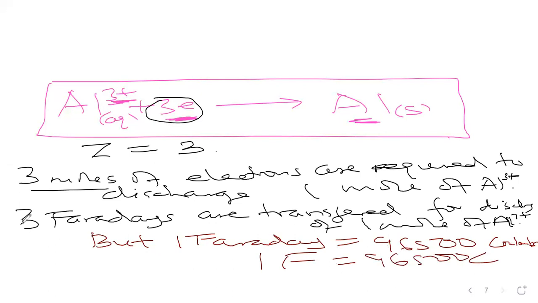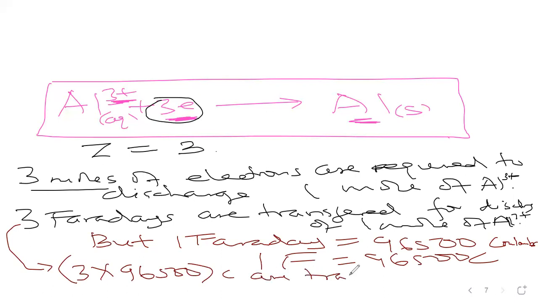What does this imply according to the equation? It implies that 3 times 96500 coulombs are transferred for discharge of 1 mole of aluminium 3 ion.